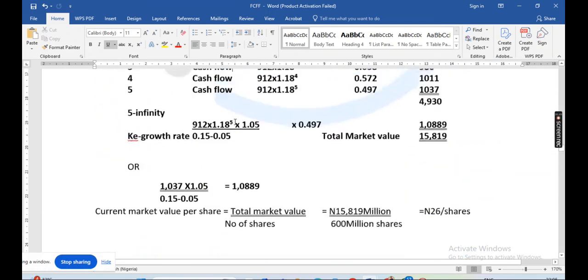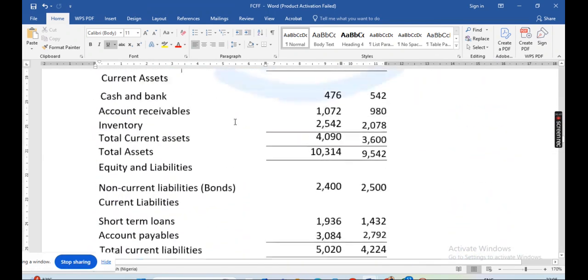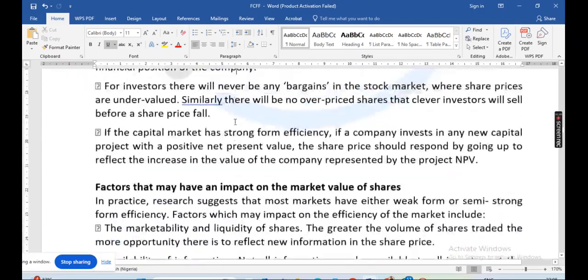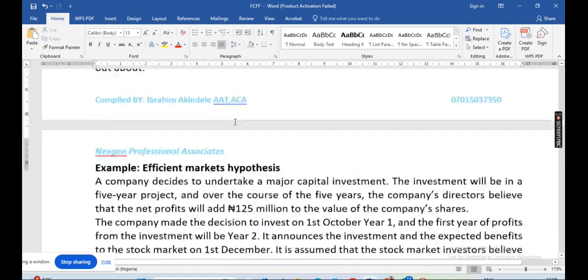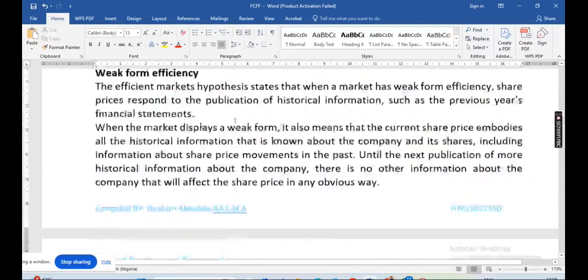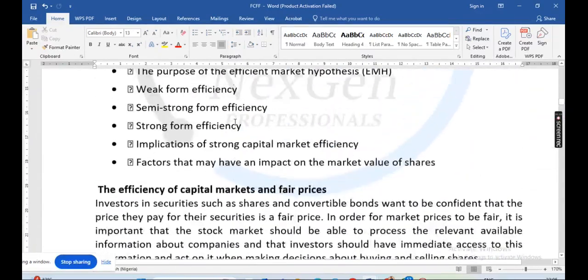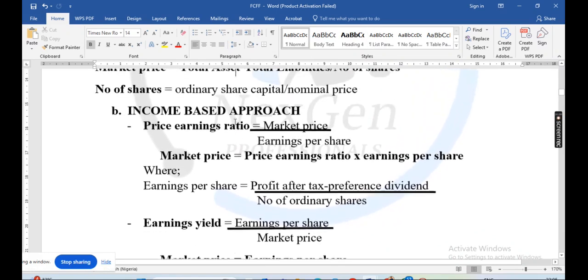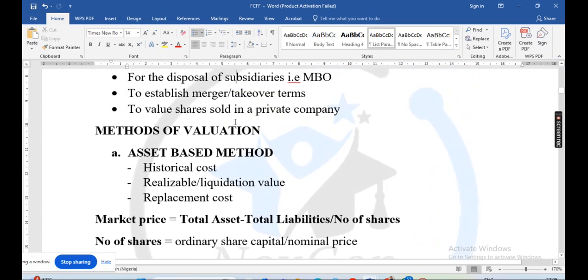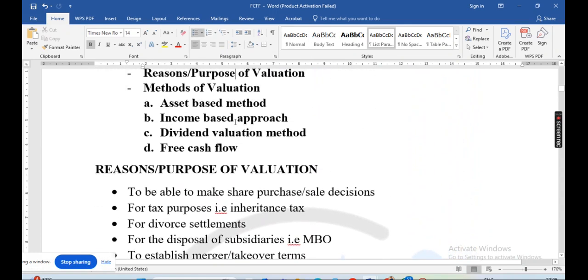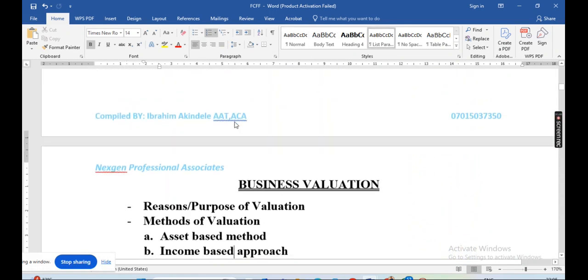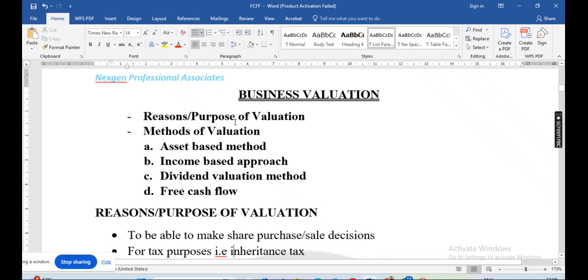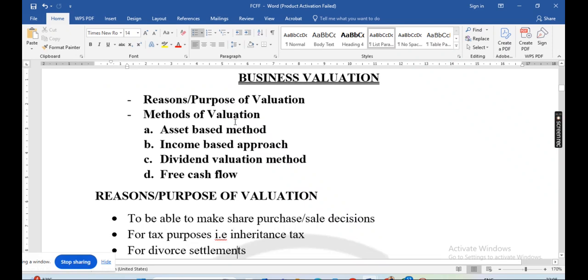Don't forget, free cash flow is a method of valuation of a business. Merger and acquisition is a method of valuation of a business. Economic value added is a method of valuation of a business. Shareholder value analysis is a method of valuation of a business, right? There are so many valuation methods of a business. So please pay attention as we want to go into business valuation.